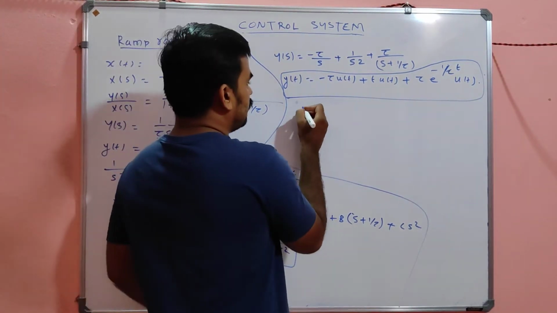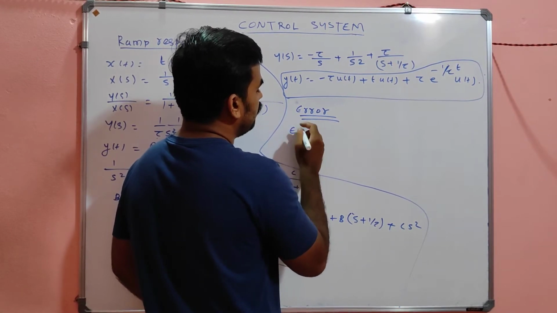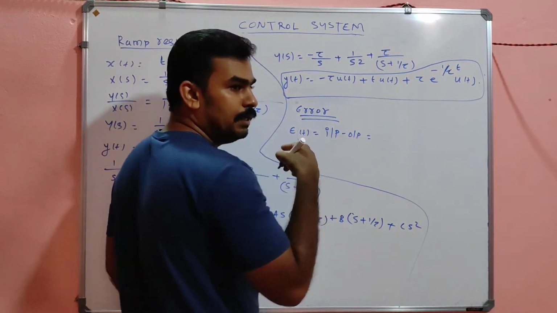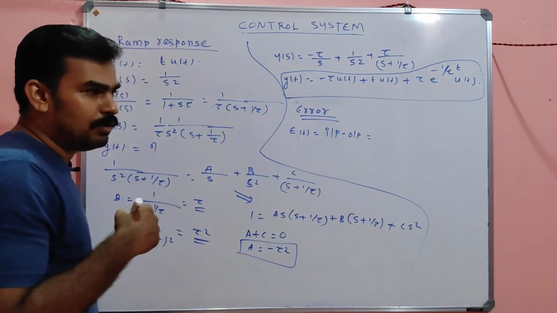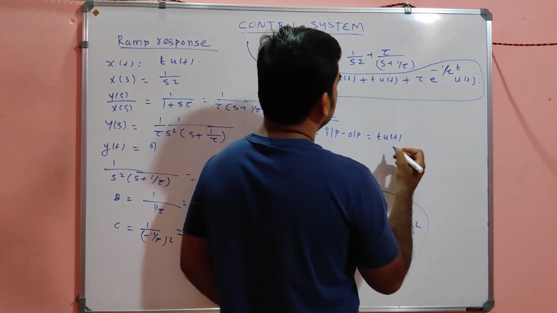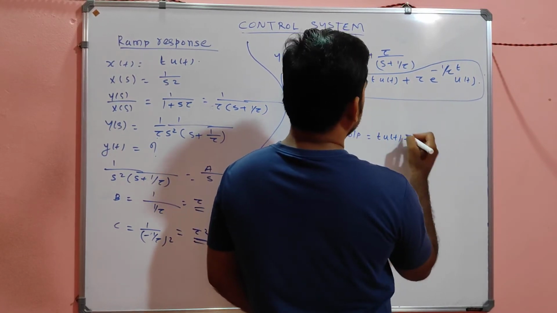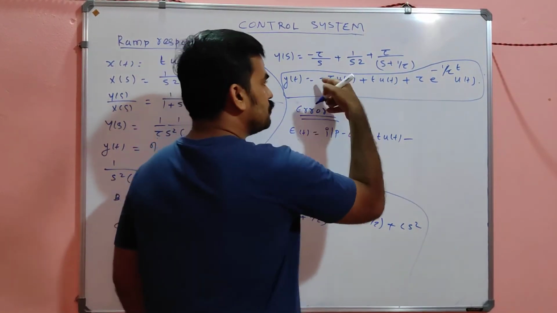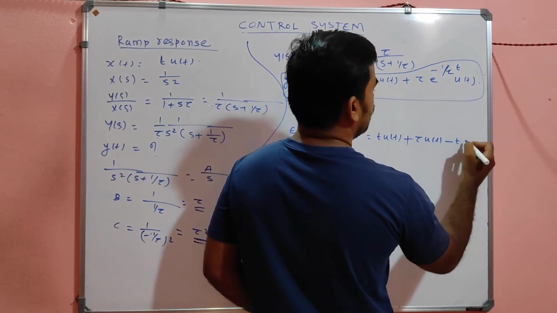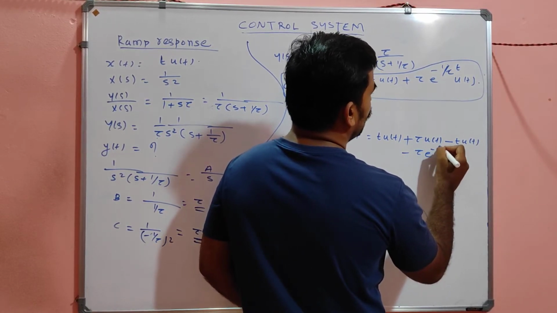Then what is the error now? Error e of t will be equal to what, my dear? Input minus output. What input did you apply? You applied a ramp signal, correct? So t into u of t is the input, minus the output. Minus of this much means it becomes plus tau u of t minus t u of t minus tau into e raised to minus t by tau.